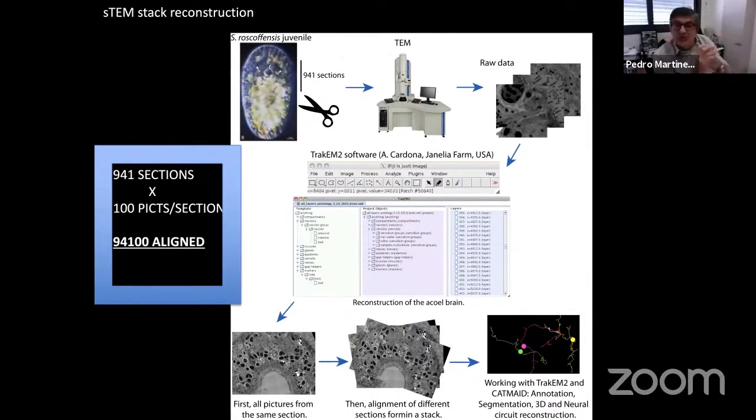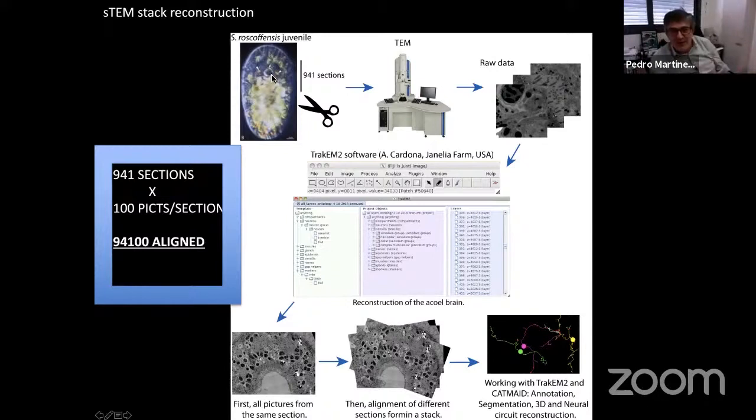What we've been doing during the last 3 years is the following. We took a juvenile, which is like a small version of the adult, so it's more tractable. We've been sectioning the first third of the animal, right from the very tip of the head until this organ, which is called a statocyst, a gravity sensor that many marine animals have.